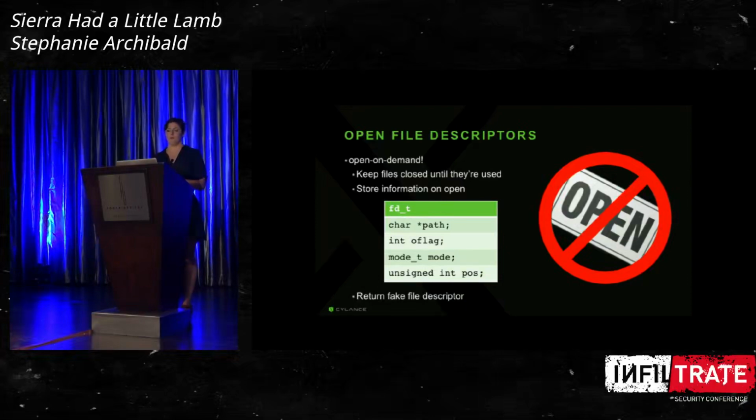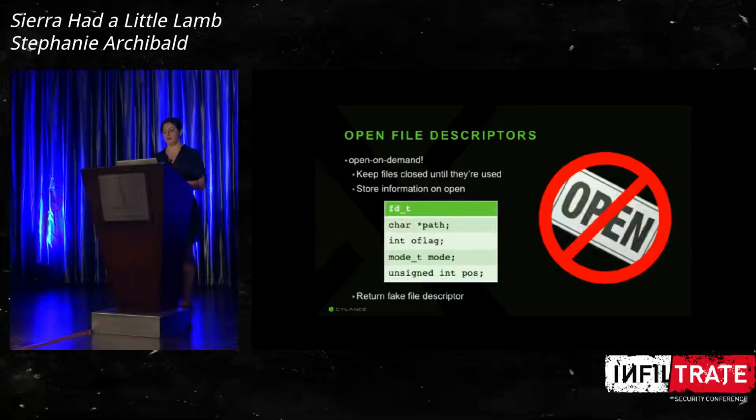So what I implemented was what I call open on demand. You keep files closed until they're used, and then you store the information when open is called, right? The function declaration for open includes path, oflag, and then an optional mode.